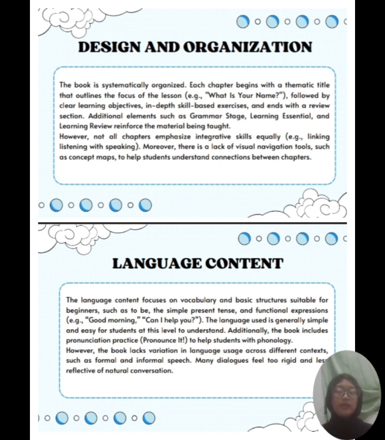However, the book lacks variation in language usage across different contexts, such as formal and informal speech. Many dialogues feel too rigid and less reflective of natural conversation. The strength of the book is its focus on language relevant to daily life situations and structured grammar reinforcement through exercises.